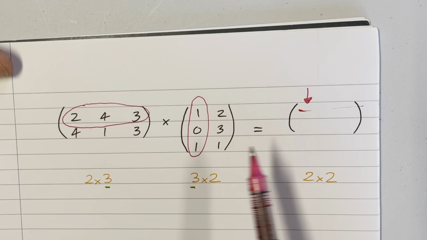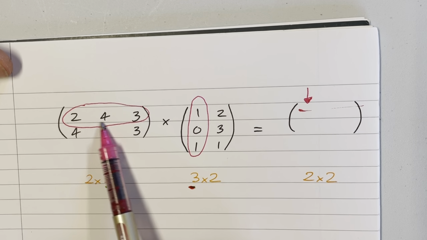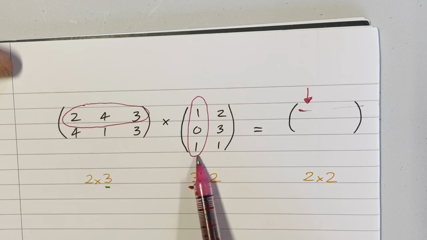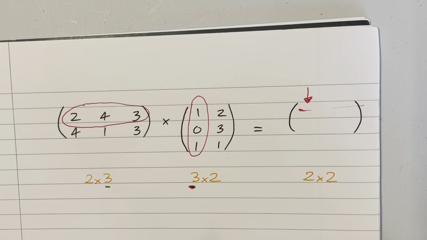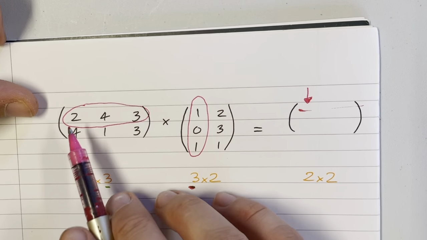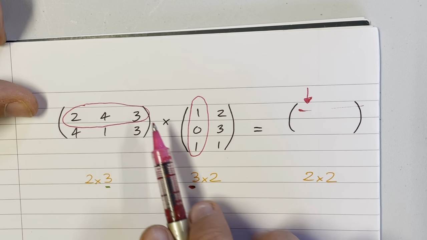And the way we calculate it, this is why these 2 numbers need to be the same, is we take each element in this row, we times it by its corresponding element in this column, and then we add them together. It's what's called a sum product. So in this case, the 2 gets matched with the 1, the 4 gets matched with the 0, and the 3 gets matched with the 1.